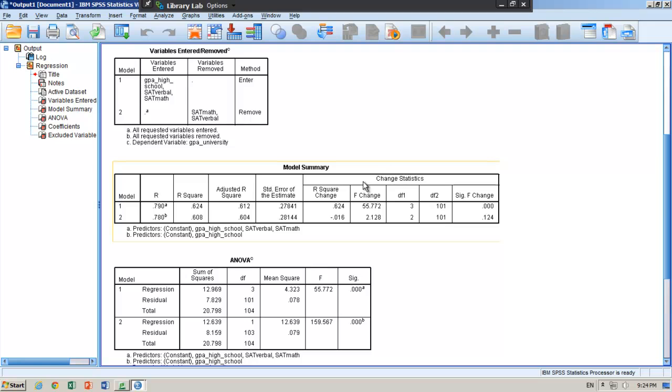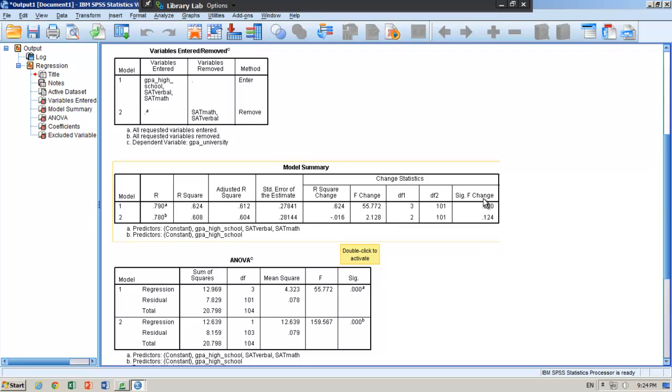Over in the change statistics, this is what we use to determine if the change, taking out a variable, had a significant effect. For the first model, Model 1, the R-squared change is 0.624 because SPSS is calculating whether the amount of variability changed significantly once we entered any variables at all. So the change is to go from 0 before we had a model to 0.624 once we're using all three predictors.